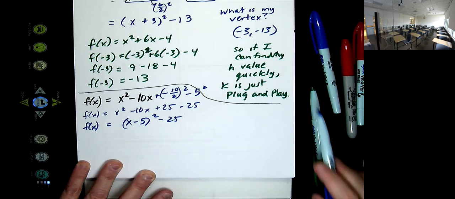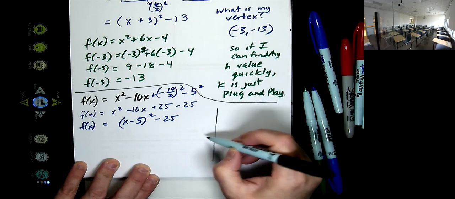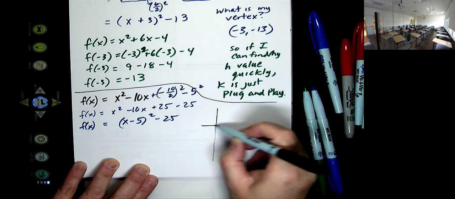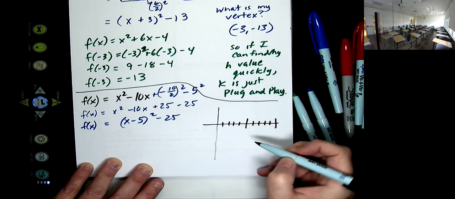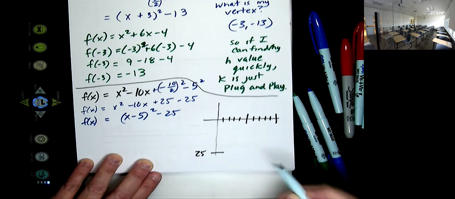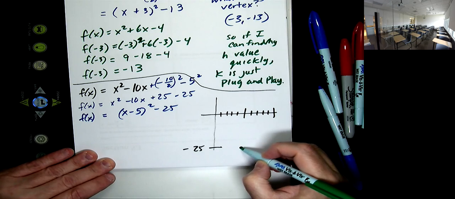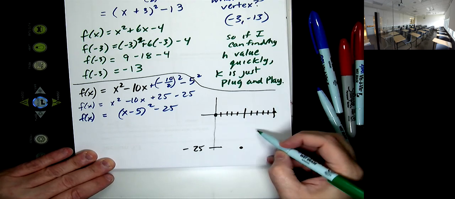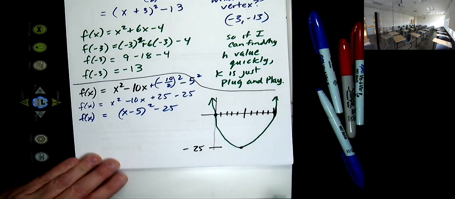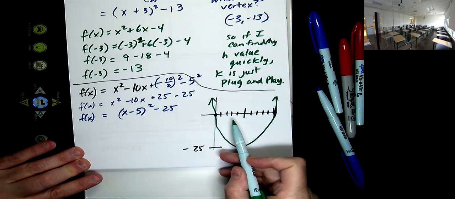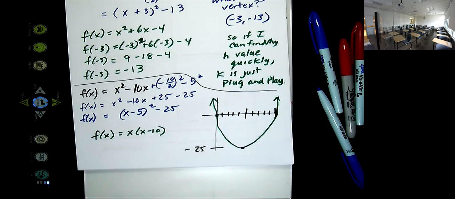It's kind of neat if we graph this. And I know these cross at 0 and 10, because if I had taken f of x and factored it, I have x times x minus 10.